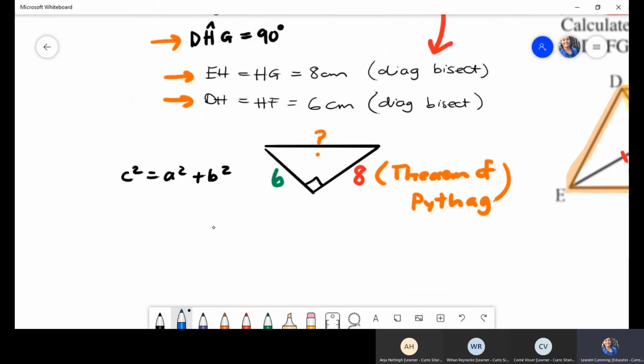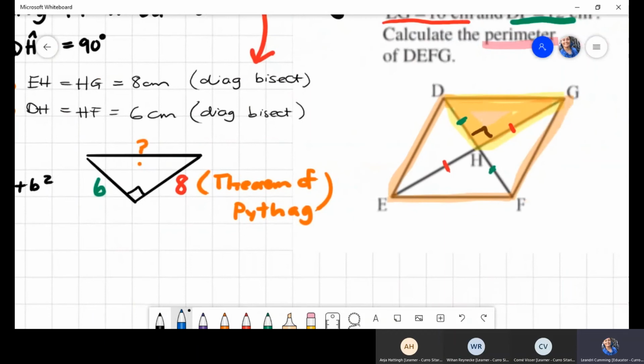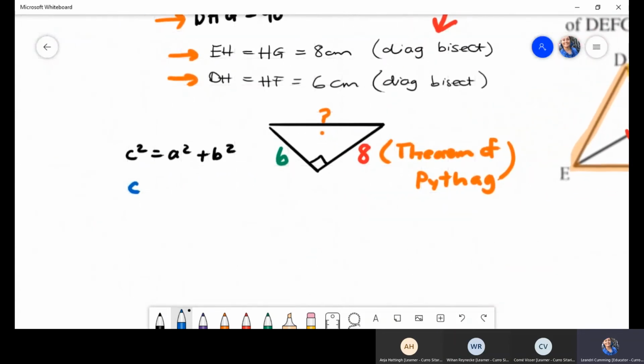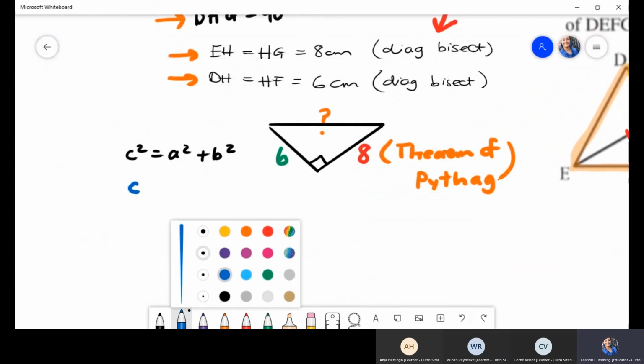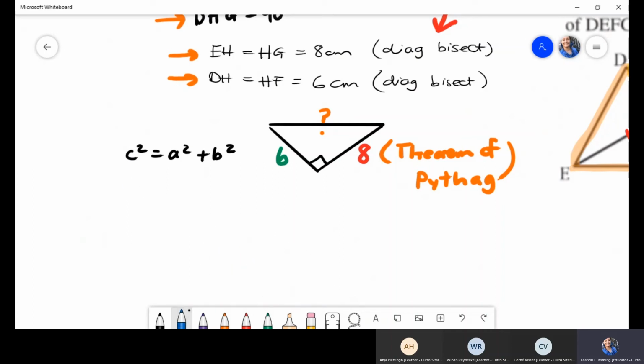Therefore, let me substitute. I want c squared, what is this in this case? DG. DG, right. So let's call it DG because I want to find out what that length is so that it can help me with my perimeter. DG squared is equal to, you can choose a or b here, that doesn't matter, 6 squared plus 8 squared, right?